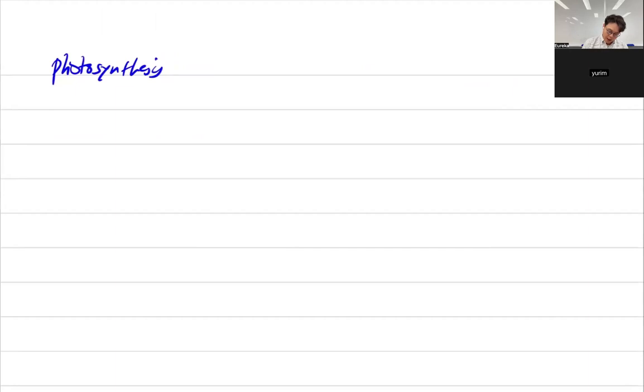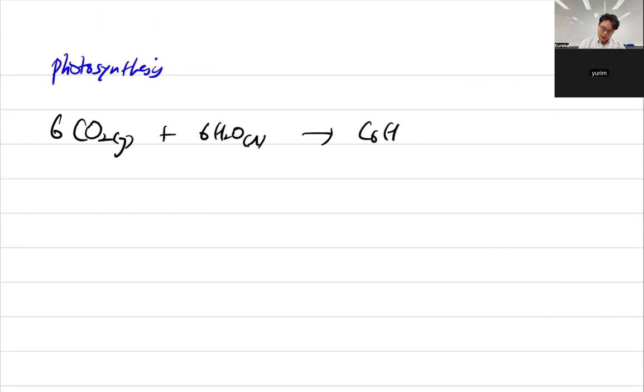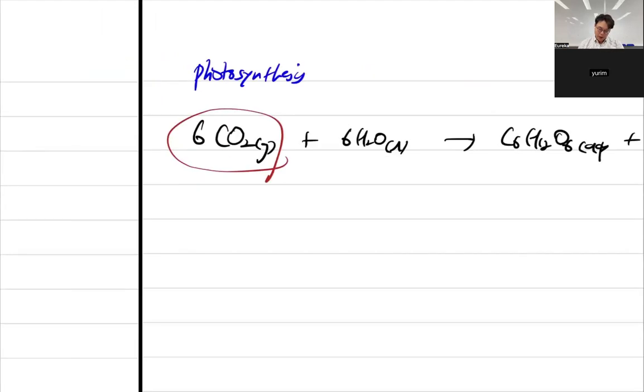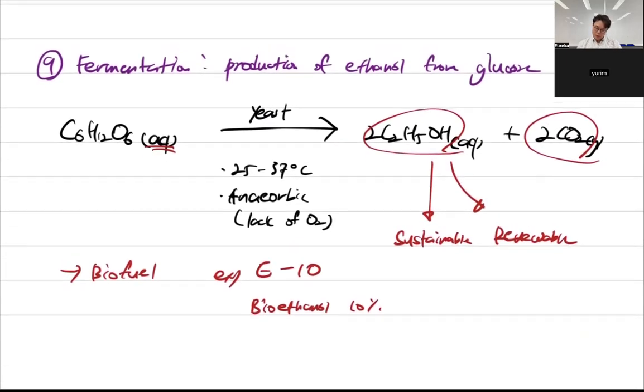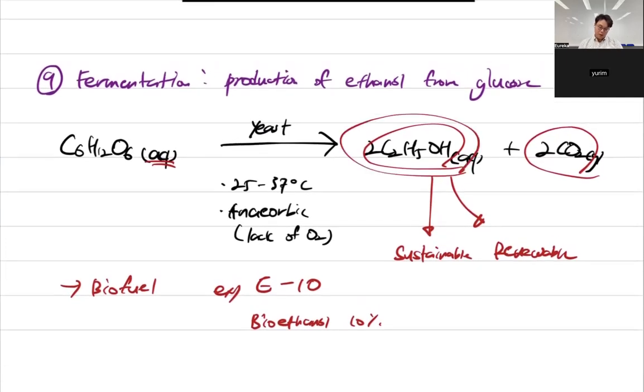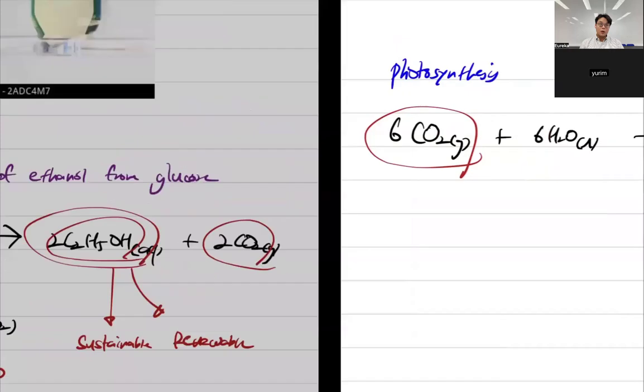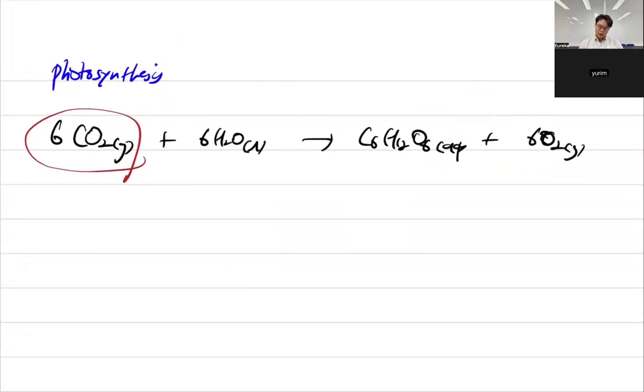Photosynthesis uses 6 CO2 gas reacting with 6 H2O liquid, producing C6H12O6, which is glucose again, and 6 oxygen. What you can see is that the CO2, which was a byproduct of fermentation or of the combustion of the ethanol, can be recycled and reused to form glucose.